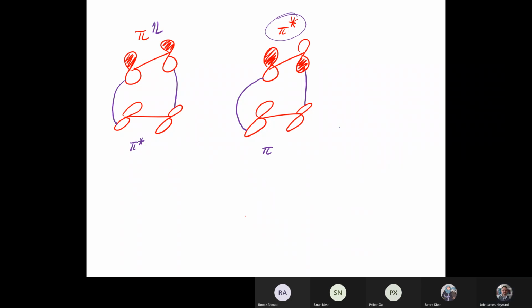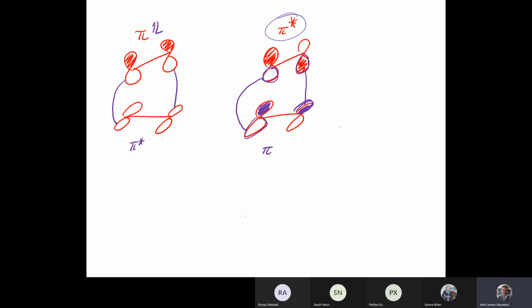So the interactions that I've drawn should show you that that's the case, because I now fill in these two, and you can see that the empty orbital here is interacting with the empty one down here, and the filled one up here is interacting with the filled one over here.